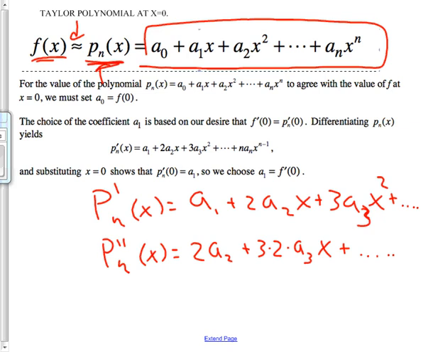And doing one more, the third derivative of our polynomial function of degree n of x is going to equal 3 times 2 times a3 plus dot dot dot.